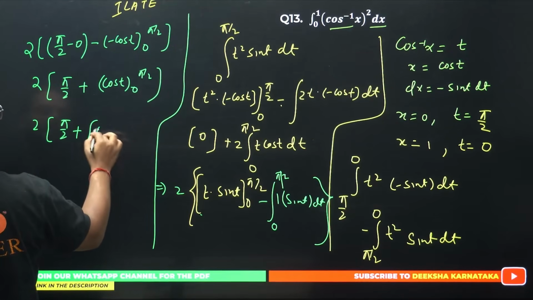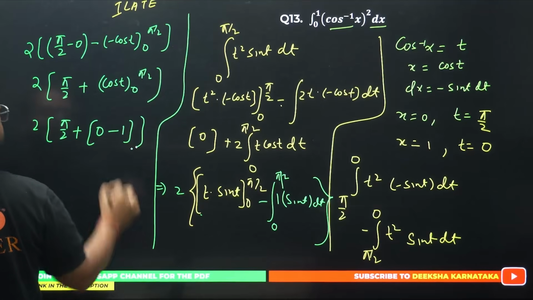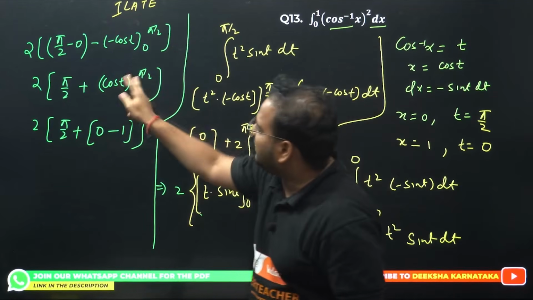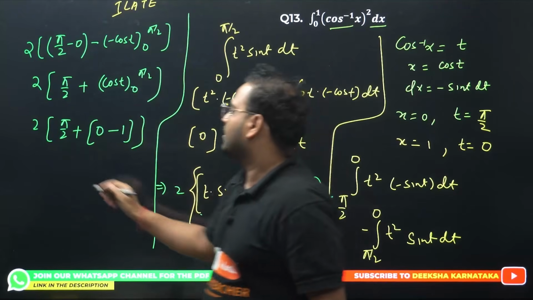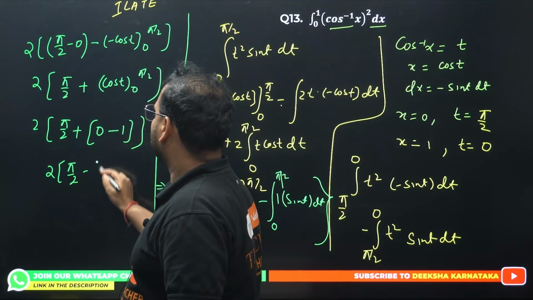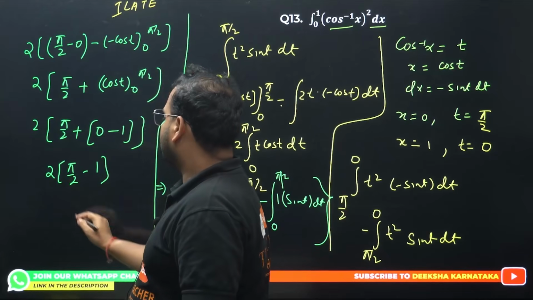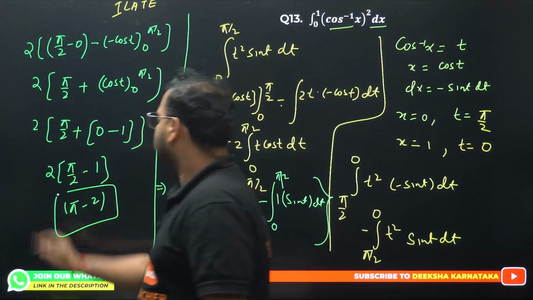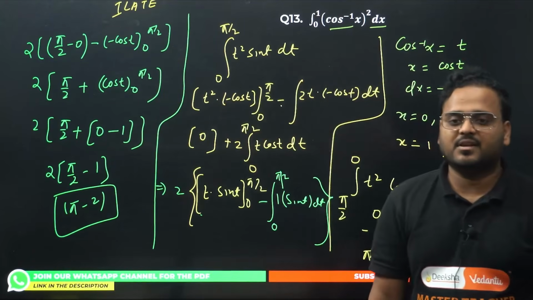Cos pi by 2 is 0. Cos 0 is 1. What I'm getting? Twice of pi by 2 minus 1. Product of this will become pi minus 2. That's my final answer, pi minus 2.